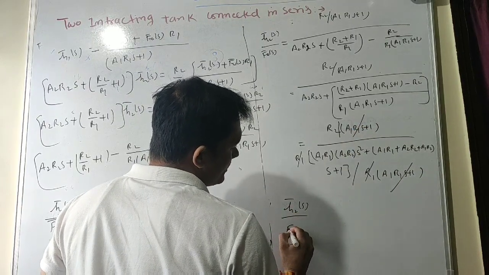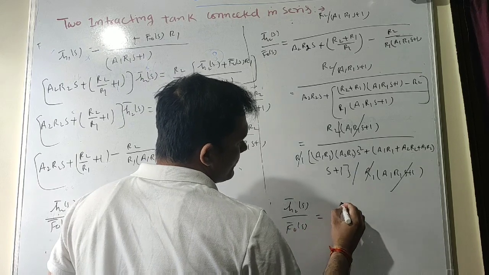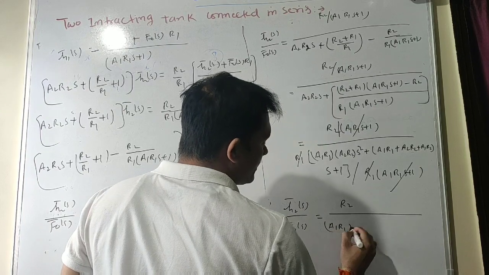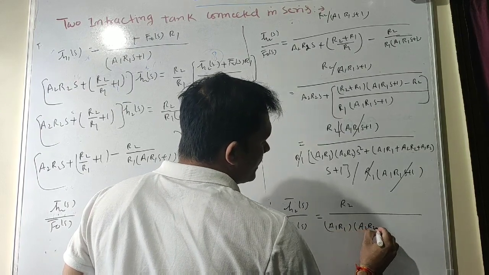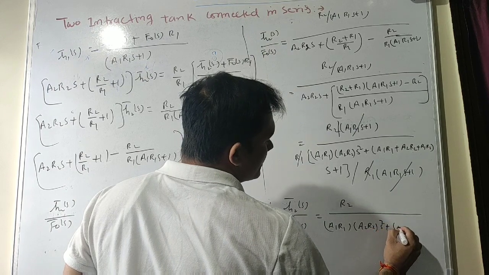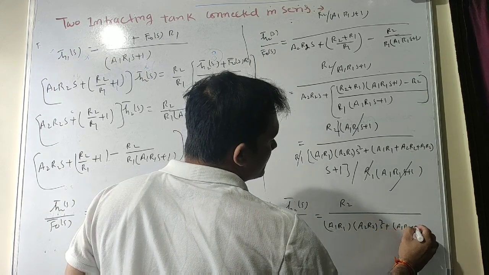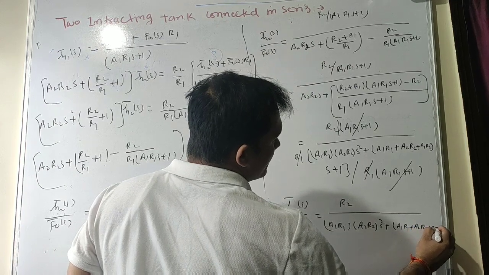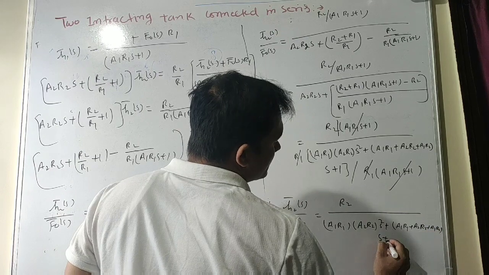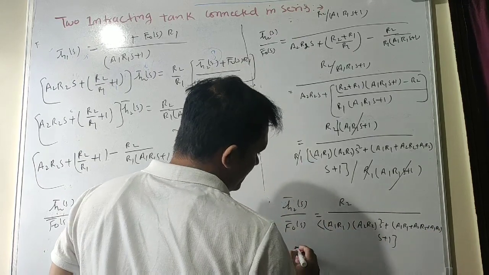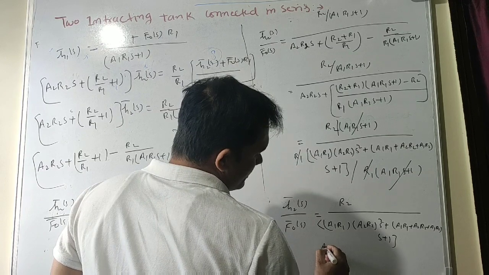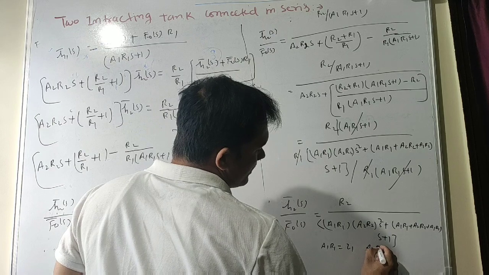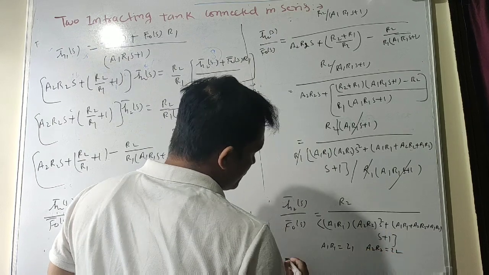It will give us H2 bar S upon F naught bar S equal to r2 upon a1 r1 into a2 r2 s square plus a1 r1 plus a2 r2 plus a1 r2 s plus 1, where a1 r1 equal to tau 1 and a2 r2 equal to tau 2.